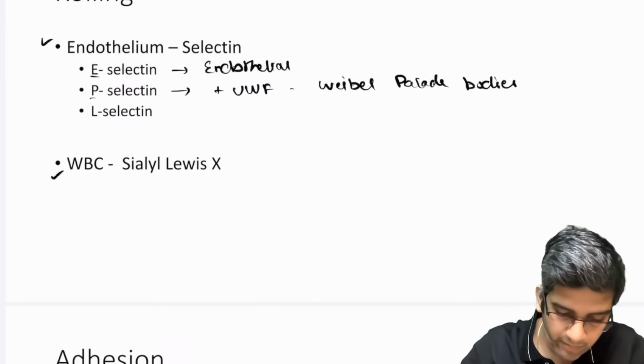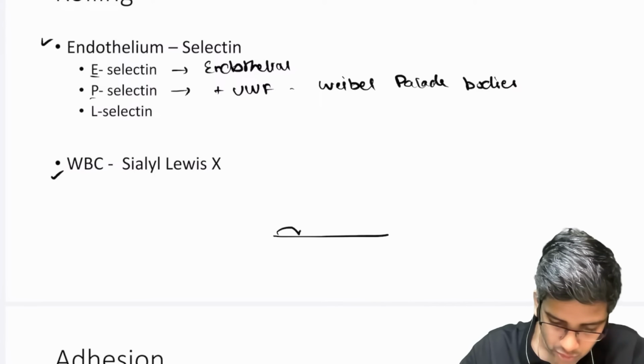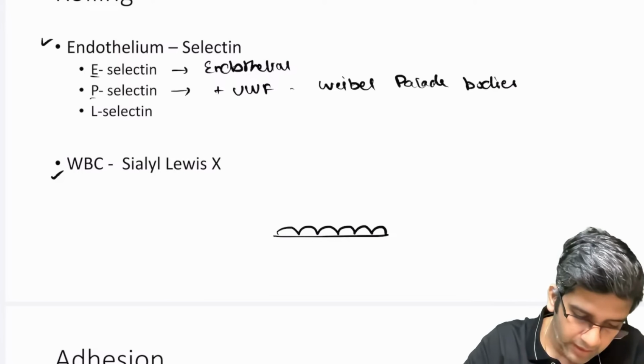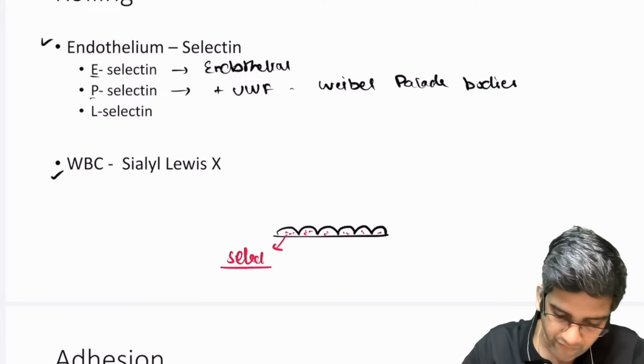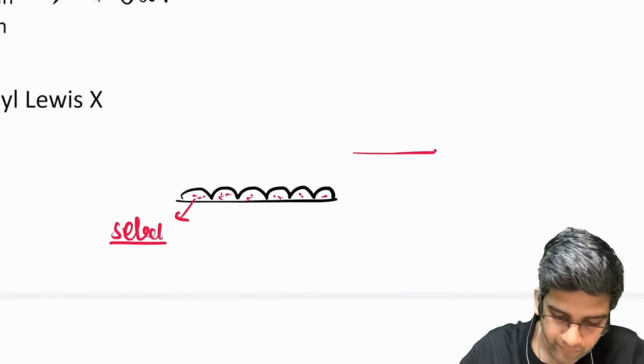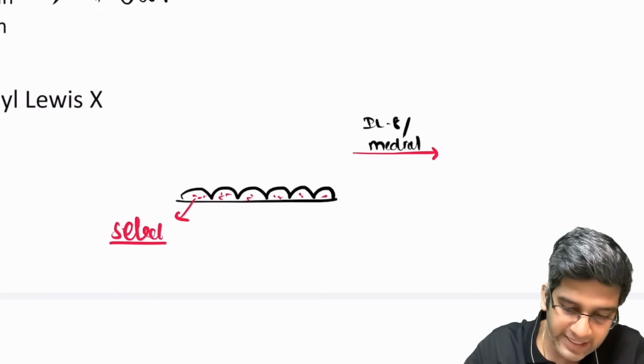So once acute inflammation hits, if you want, draw a diagram. Normal endothelium has the selectin molecules inside it. These dots are the selectin molecules. Whenever I have inflammation, interleukin 8 or any inflammatory mediators, I need chemokines.